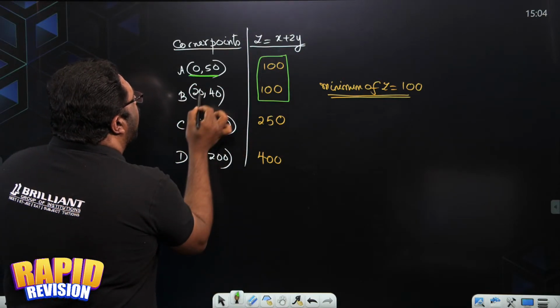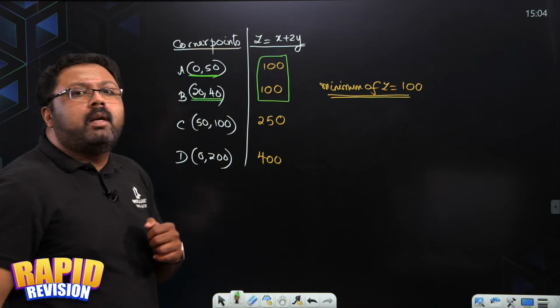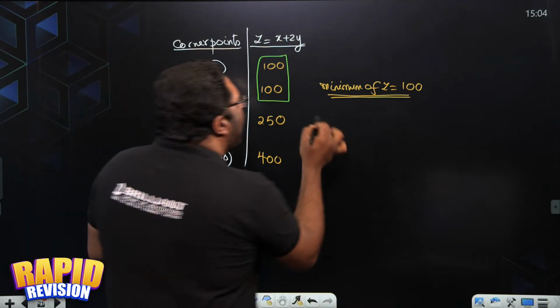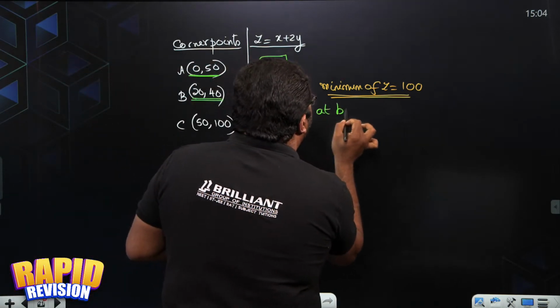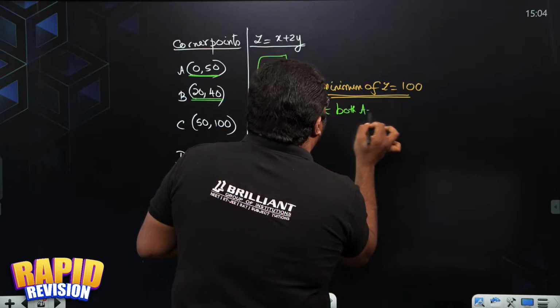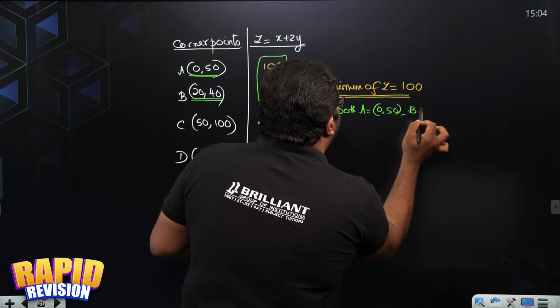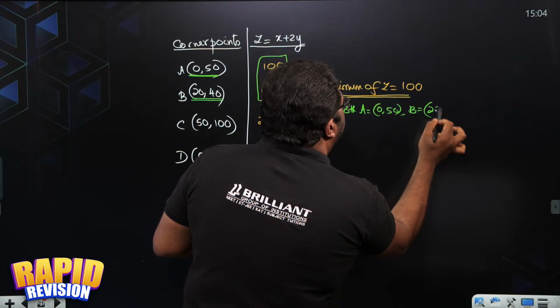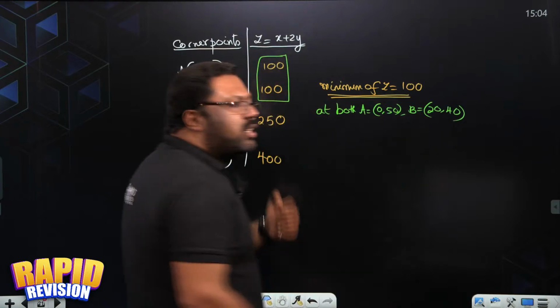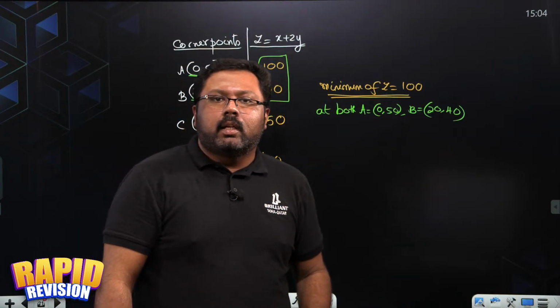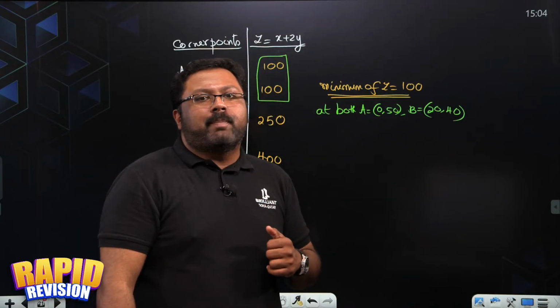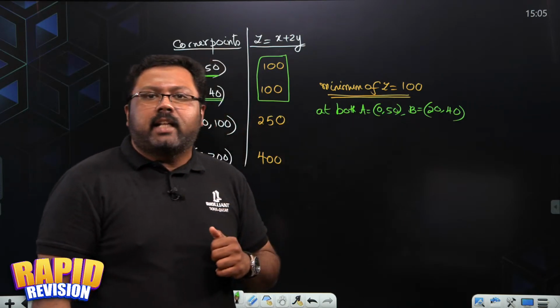It's a situation of multiple solutions. So at both A equal to (0, 50), B equal to (20, 40). When this situation comes, if you leave it like this, there's a possibility you're going to lose marks, because this is not the correct answer.